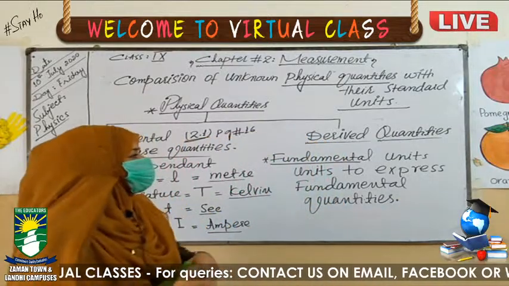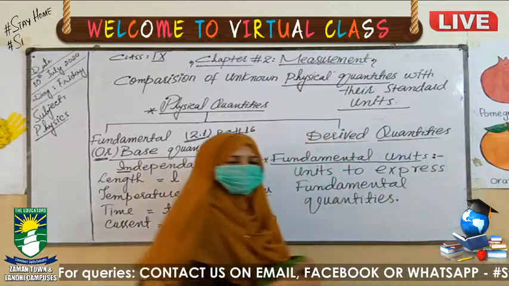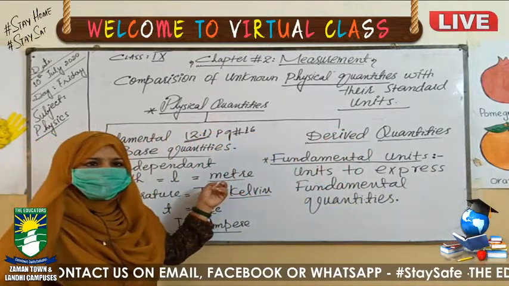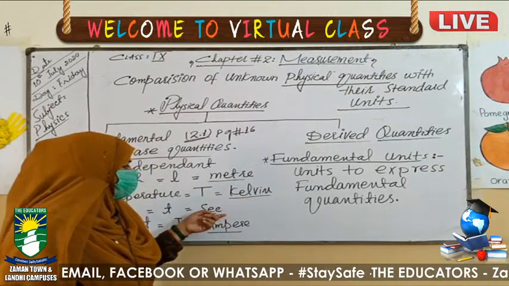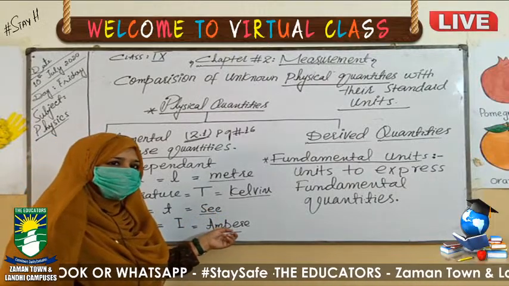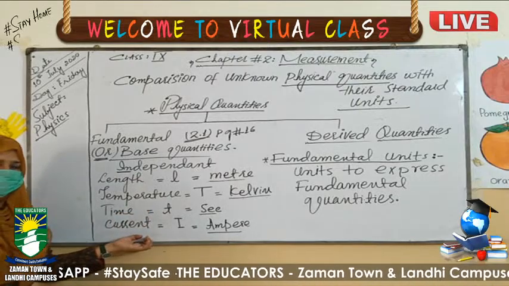Units used to express fundamental quantities are known as the fundamental units. Like meter is the fundamental unit, Kelvin is the fundamental unit, second is the fundamental unit, ampere is the fundamental unit of particular quantities which we have written here.